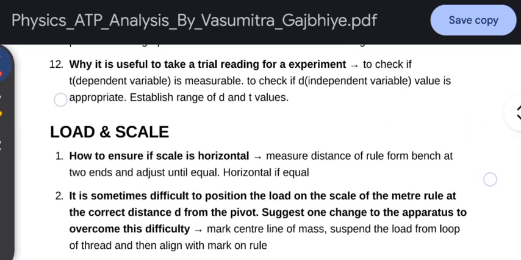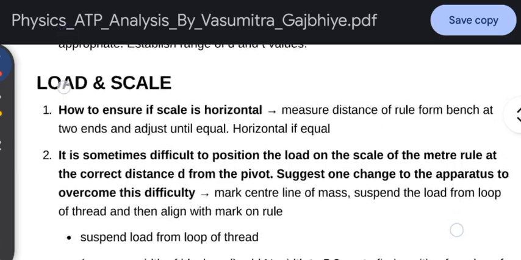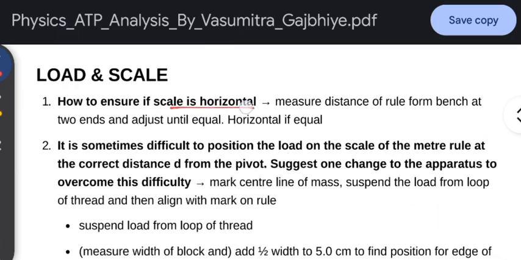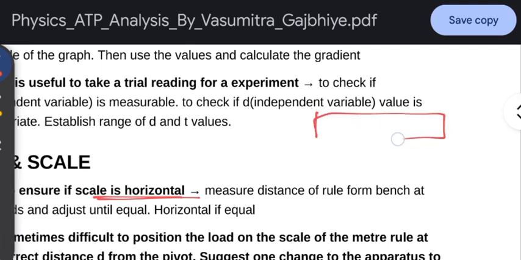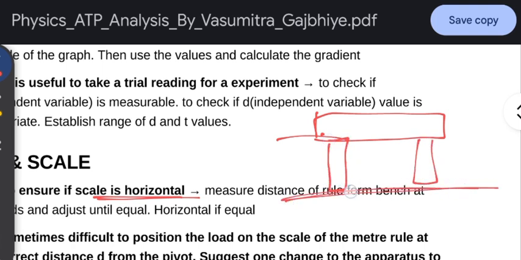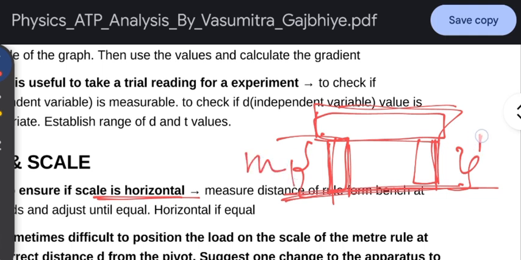Now next, how to ensure the scale is horizontal. This is a very repeated question. If you have a ruler placed on a bench and you need to check if it is horizontal, you take two vertical rulers, stand them on the bench top, and measure the distance from the bench to the rule at its two ends. Take these as L1 and L2.